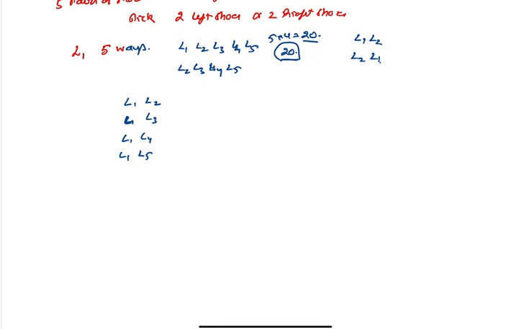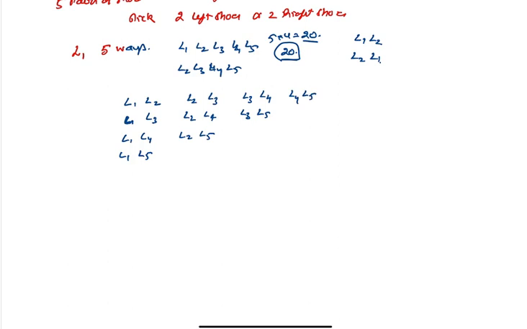Then if the first one you pick up is L2, then you have L2, L3, L2, L4, L2, L5, and then the first one you pick as L3, then you do L3, L4, L3, L5, and then you have L4, L5.